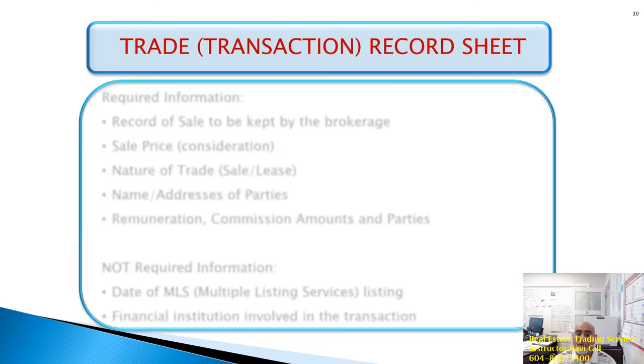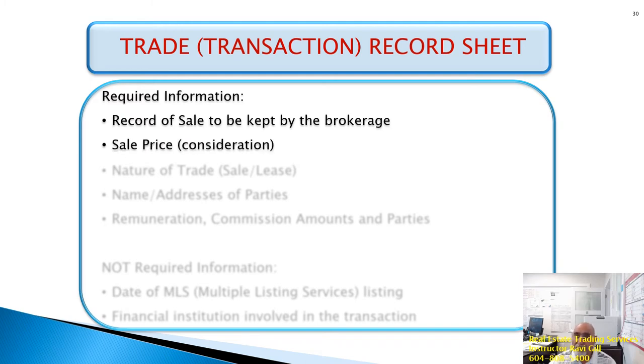Okay, the last thing that you do is fill out what's called a record sheet of the deal. It's called the trade record sheet or transaction record sheet. In that, you would write the record, sale price, whether you were representing the seller or the buyer, or whether it is a lease.